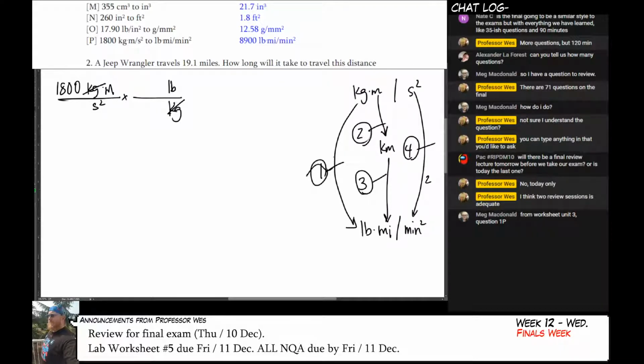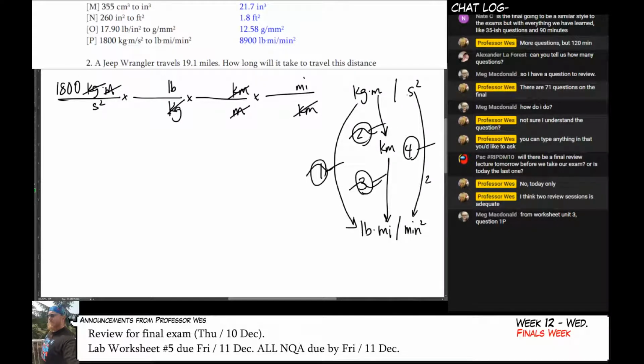All right, so that one's done. To get from meters to miles, I needed to first turn meters, so that they cancel out, into kilometers, which I'll then turn into miles. And yeah, if you have a conversion from meters to miles, you could just go directly. So that one's done, and that one's done.